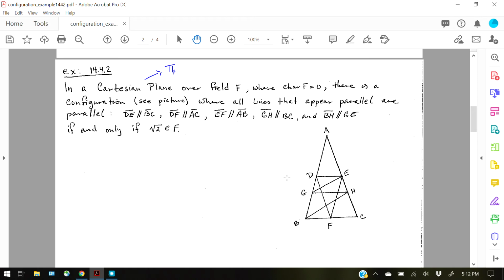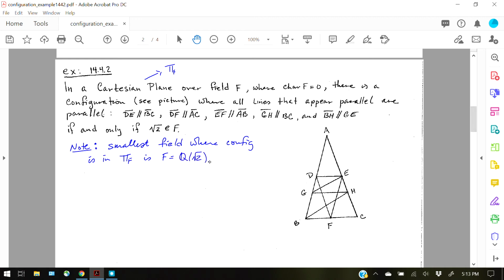So I'm going to write this up at the top. So note, this would mean that the smallest field where the configuration given is in its Cartesian plane is Q adjoin square root 2.